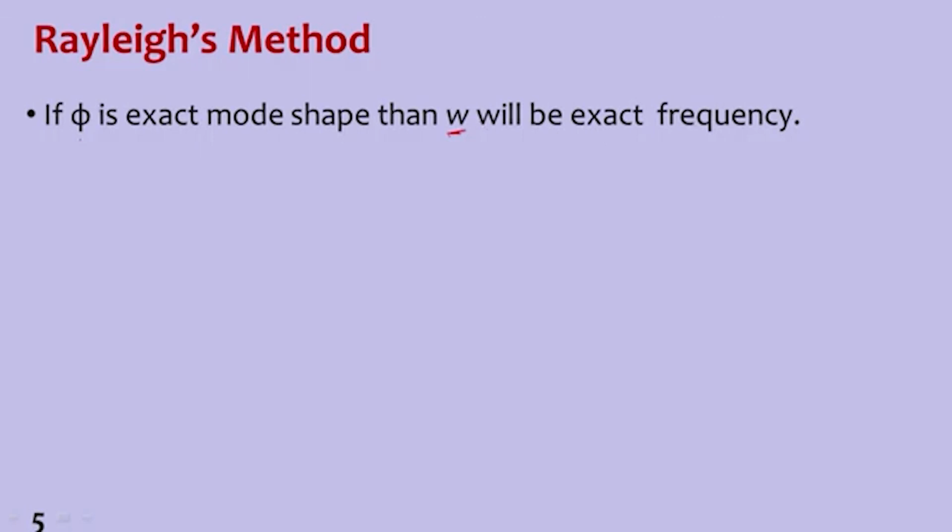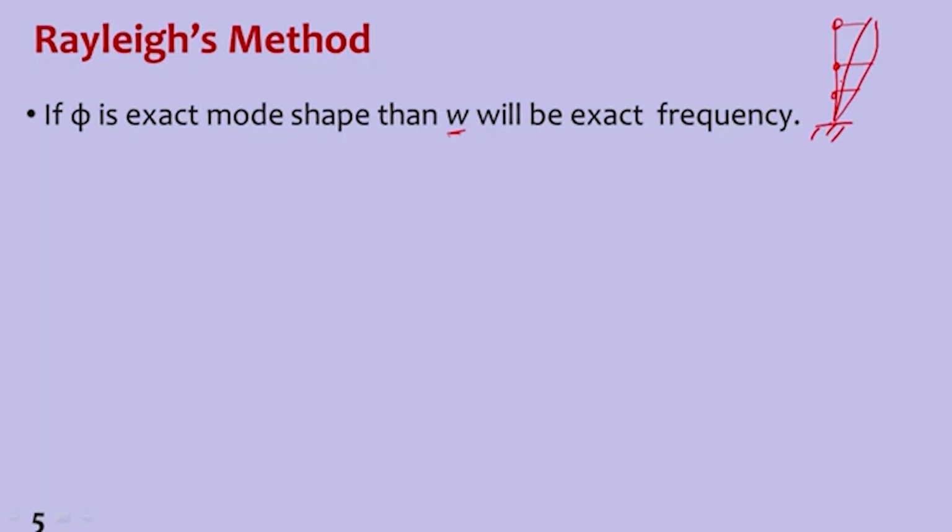Here in this case, let us take a 3 degrees of freedom system, 1, 2, 3. We can assume any function: a straight line function, a parabolic function, a sine function, any function, to get the first fundamental natural frequency. This should be approximately near to the first mode.